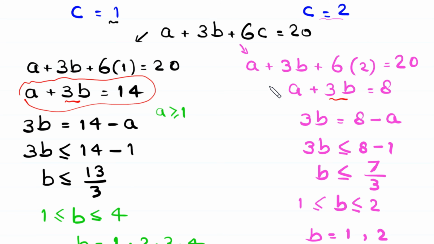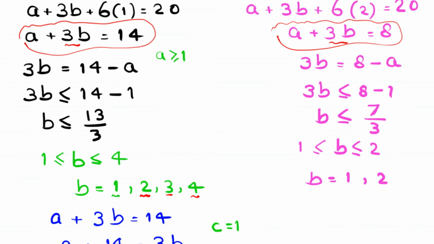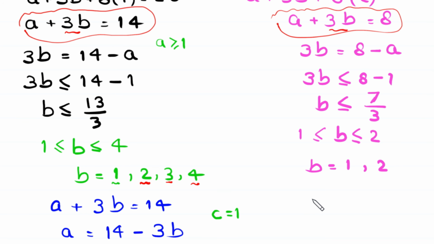Now by using this equation we can find the values of a with these values of b, 1 and 2. We write this equation here, a plus 3 times b equal to 8. Move this 3b to the right hand side, and this becomes a is equal to 8 minus 3b.